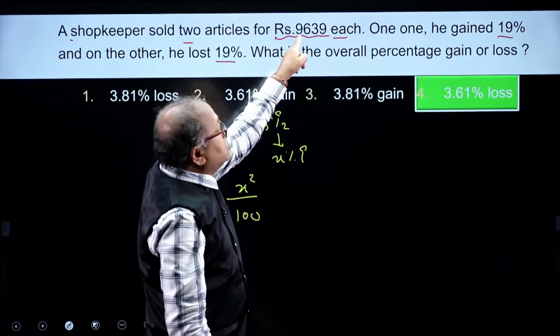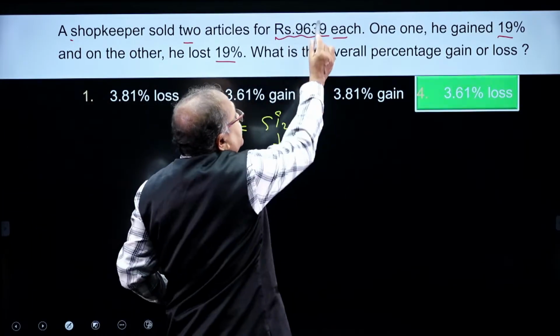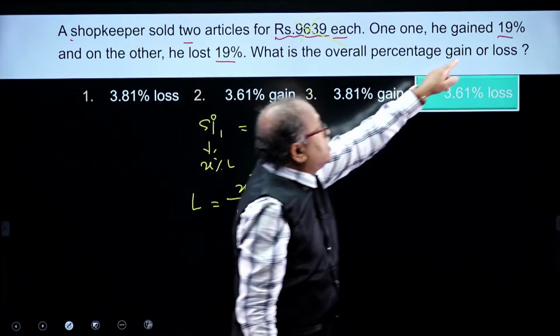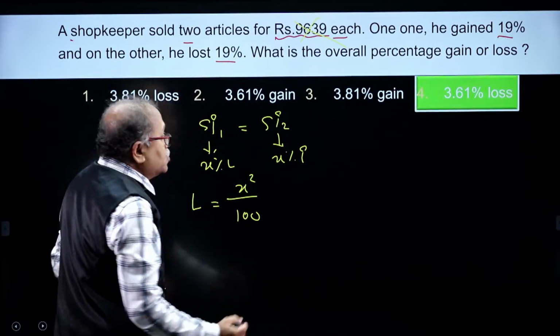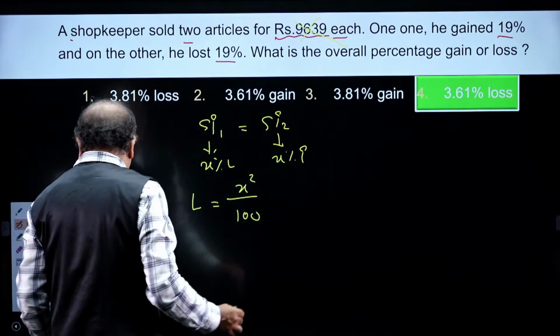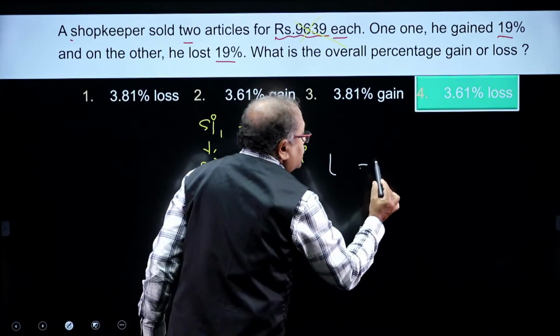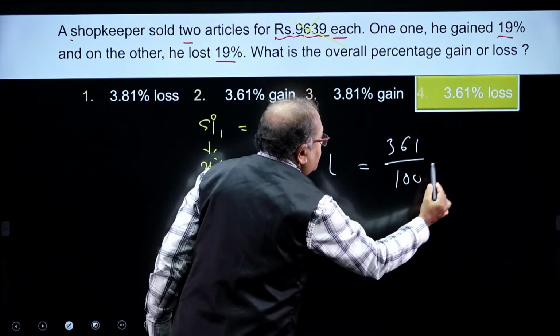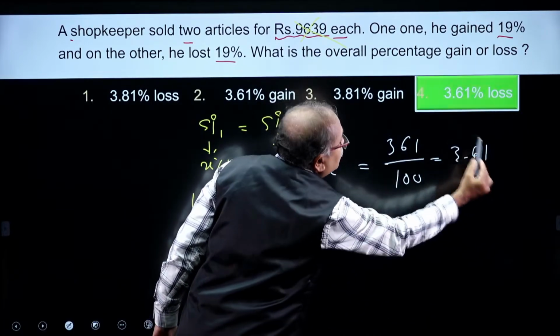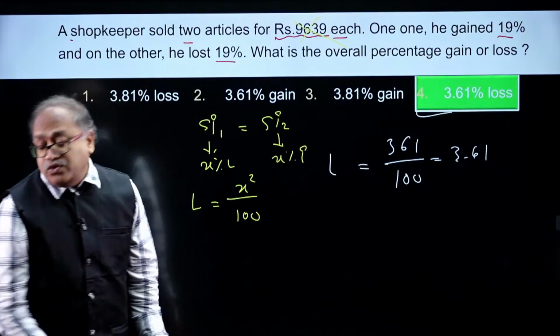So, here the selling price of the two articles is the same, whatever it is I do not bother. Here in one 19% profit, in another 19% loss. So, overall there is a loss. How much loss? 19 square, that is 361 by 100, that is 3.61, option choice 4.